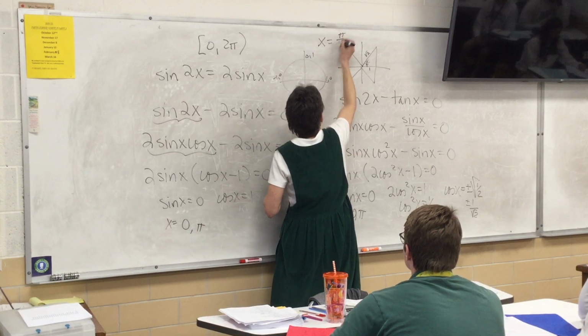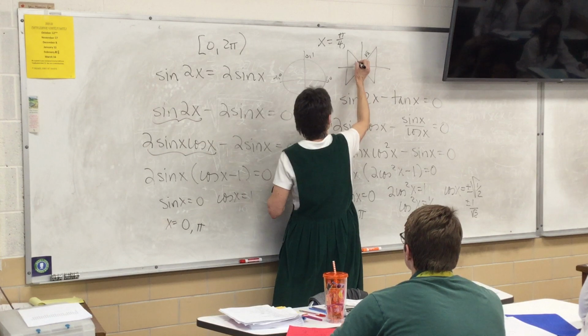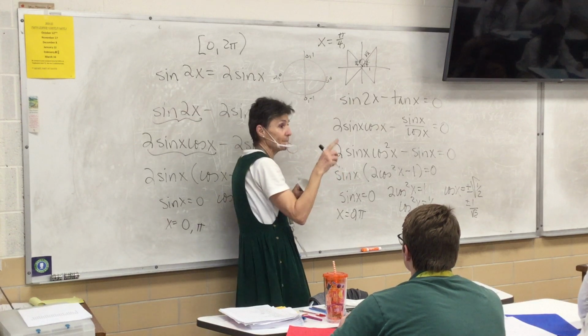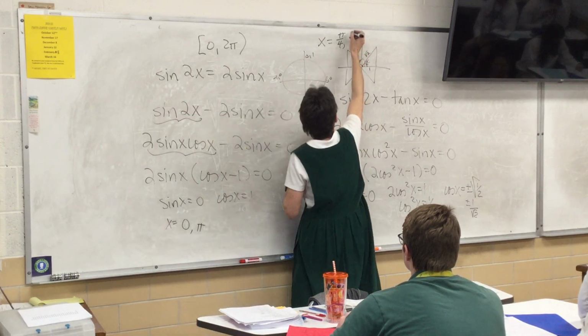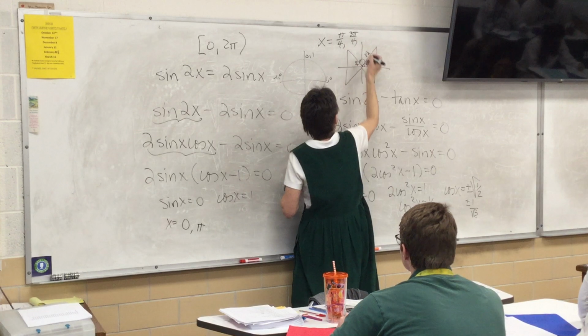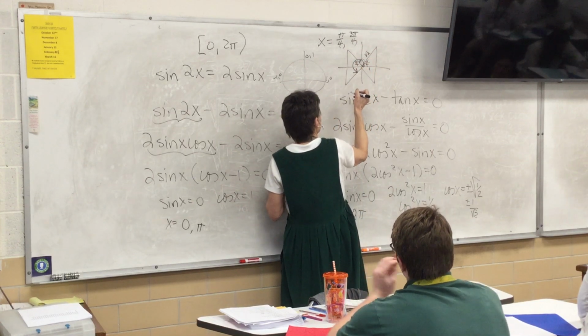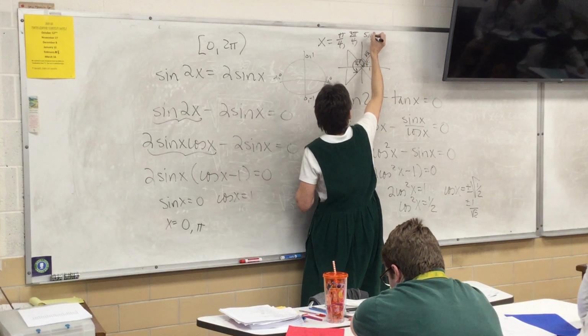So pi over 4 in quadrant 1. What will it be in quadrant 2? 3 pi over 4, pi minus pi over 4, 3 pi over 4. And then around in quadrant 3, 5 pi over 4.